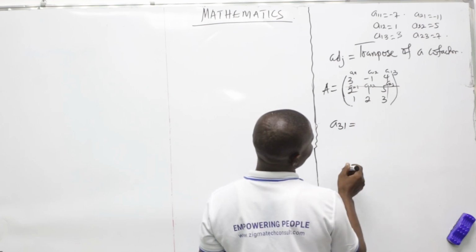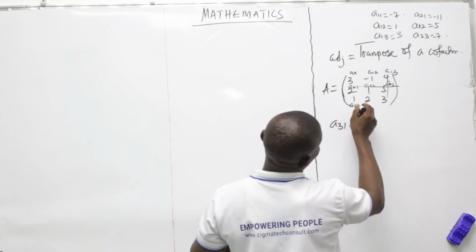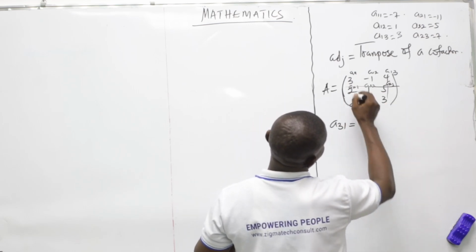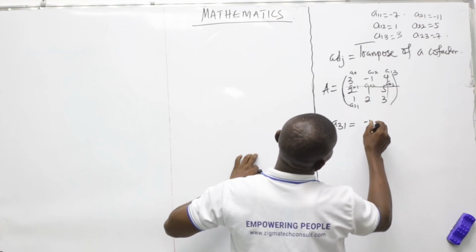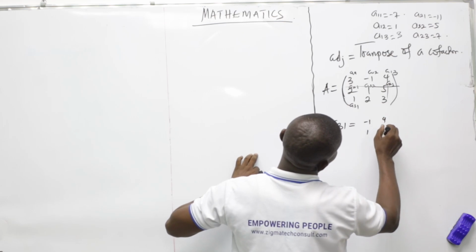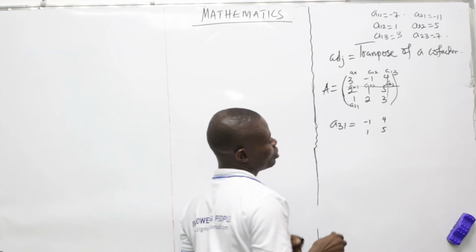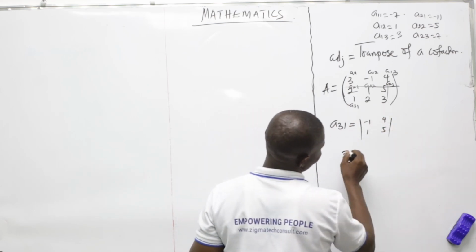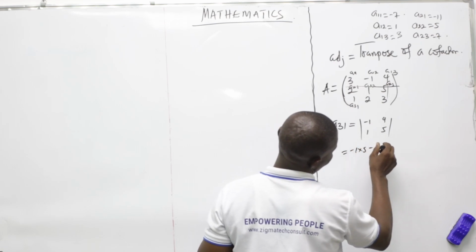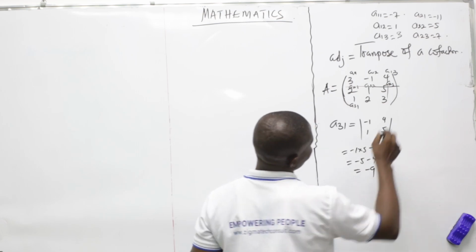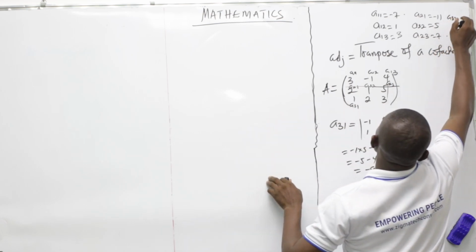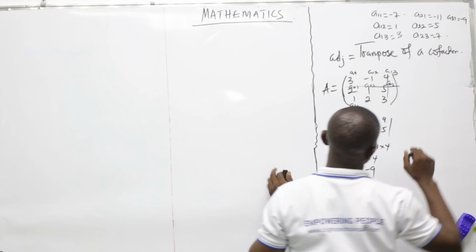A31 equals the determinant minus 1, 1, 4, 5, to give us minus 1 times 5 minus 1 times 4. Minus 5 minus 4 equals minus 9. A31 equals minus 9.